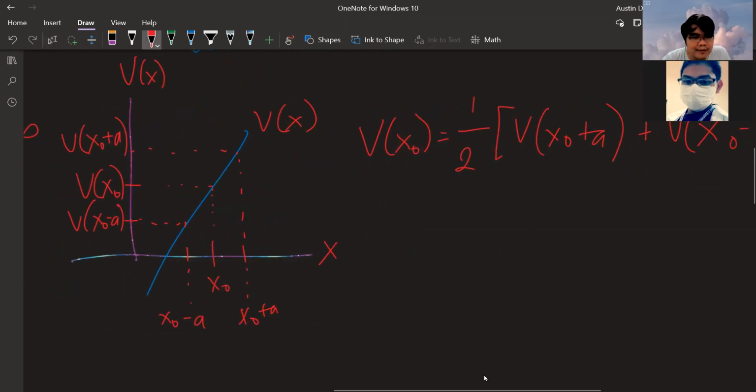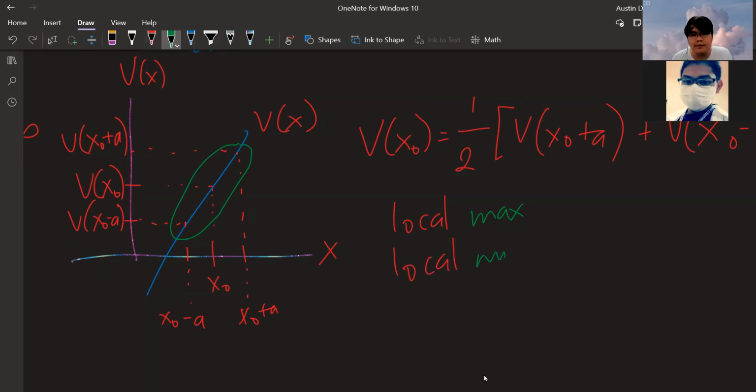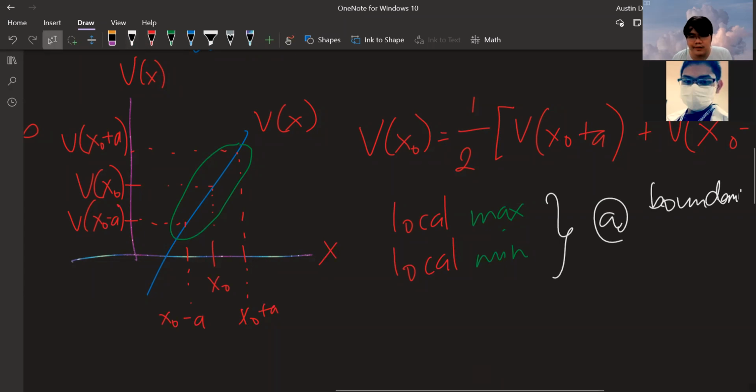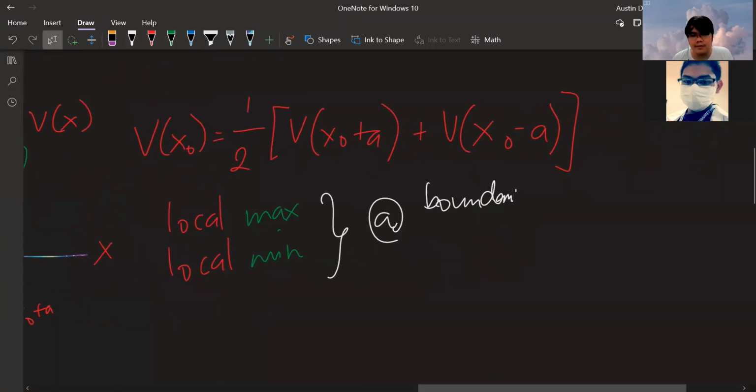At this point, mapapansin din natin that the local maximum and local minimum are just at boundaries.